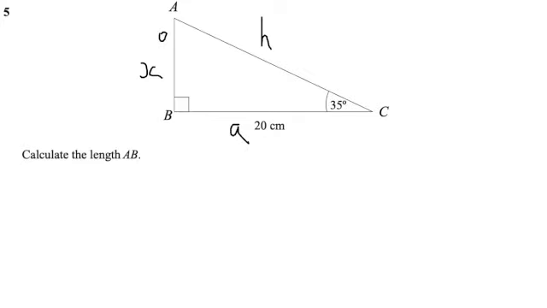So you write out SOHCAHTOA at the top of your paper. And you can see we have the adjacent and we want the opposite. So what has A and O in it?